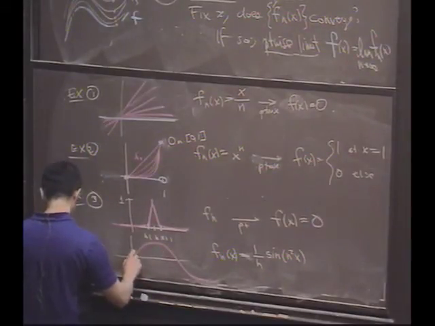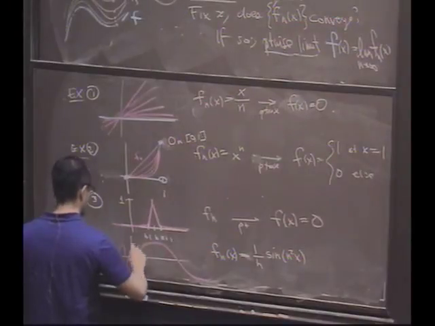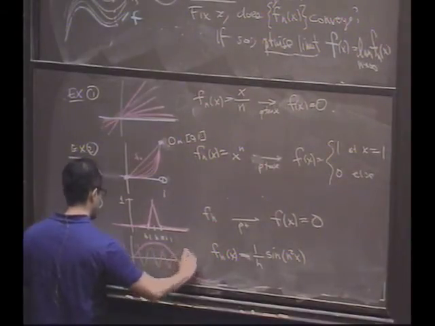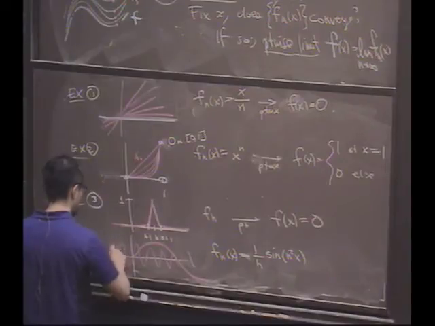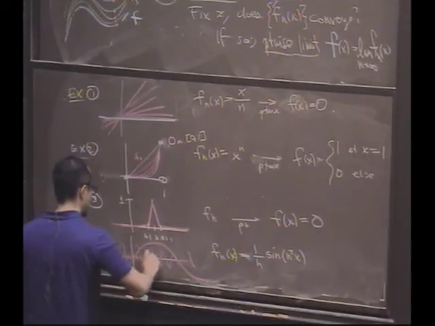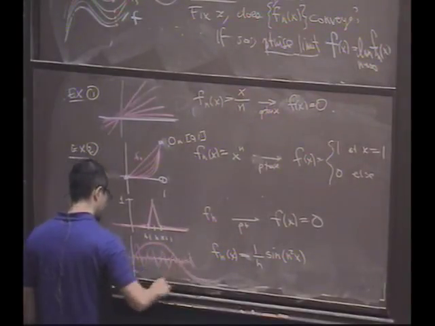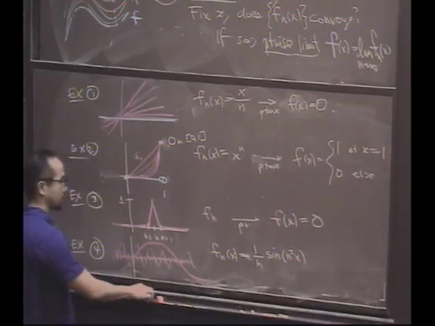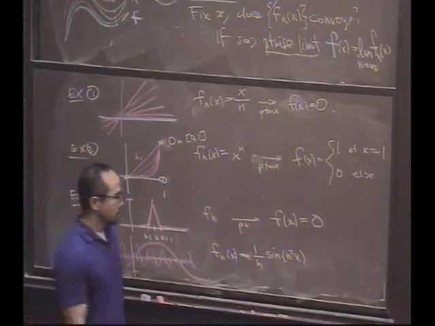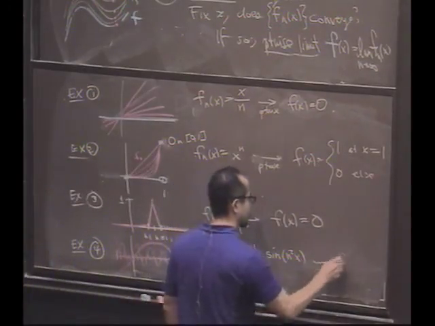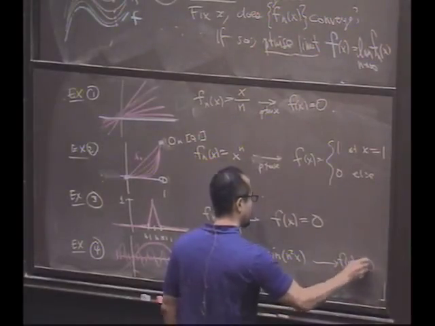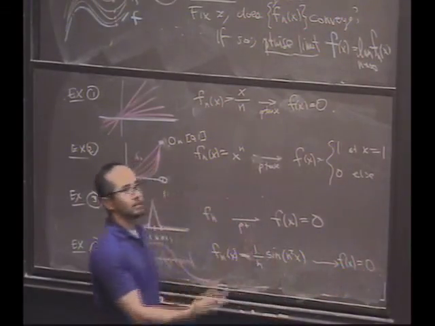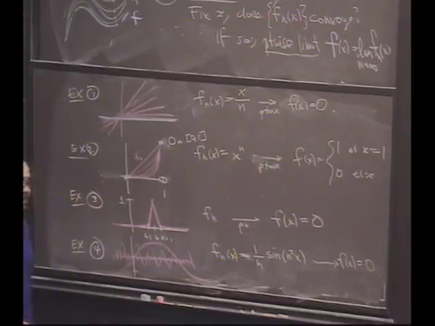Bigger, yeah? So it might do something like this. And then the next one, even more frequency, like this. What does this converge to? Yes, you're right, also the 0 function. Don't be fooled, not all sequences of functions converge to 0. It was just easier to construct these examples, obviously.